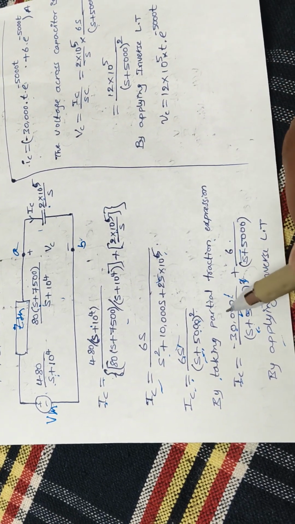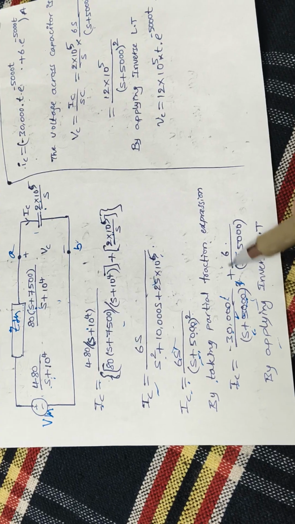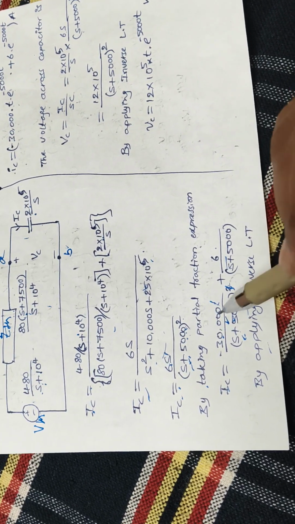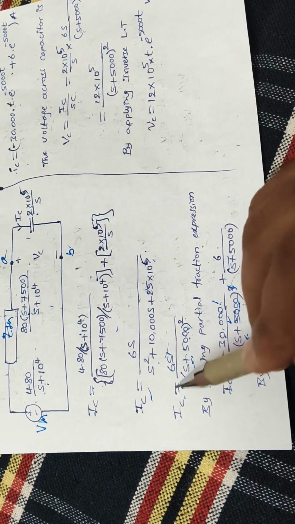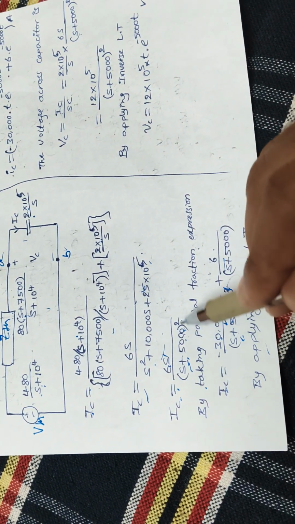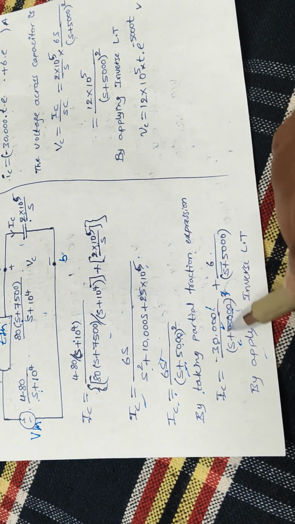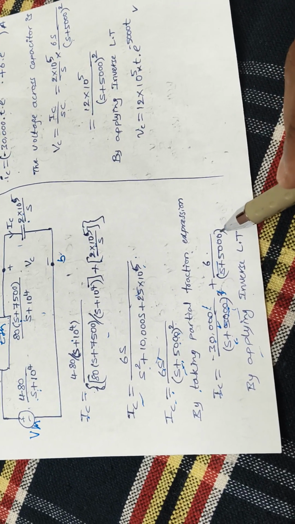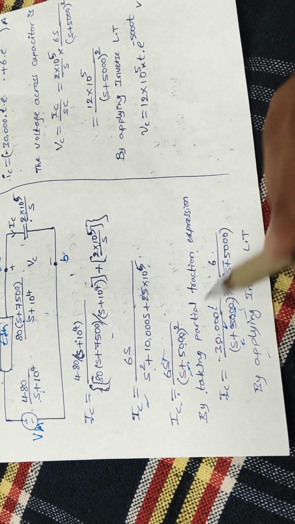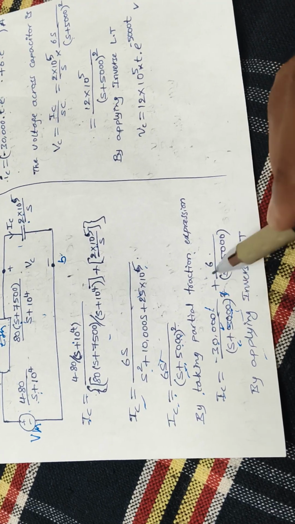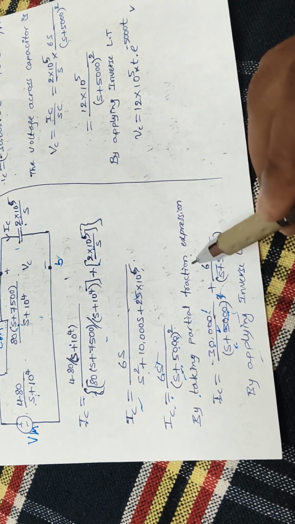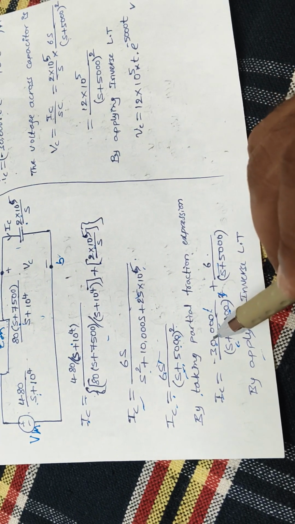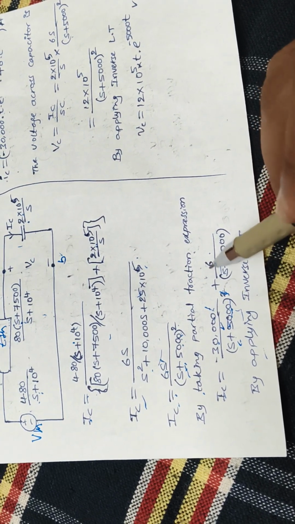You can assume A by S plus 5000 square plus B by S plus 5000, and find the constants A and B. On the left side, 6S by S plus 5000 square is equal to A by S plus 5000 square plus B by S plus 5000. Cross multiply, compare the S coefficients and constant coefficients, and you'll get the A and B values as minus 30,000 and 6.